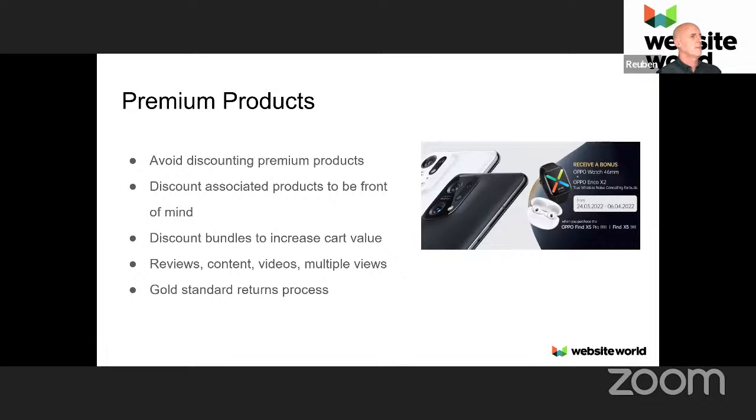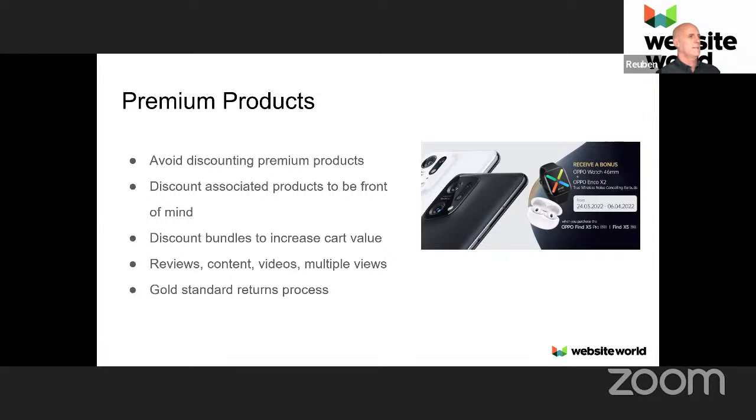So thinking a bit about the premium products, we really want to avoid discounting premium products. Phones, for example, and high-priced electronic goods probably have quite low margins on them at the end of the day, and it's quite a competitive business. So you really want to keep that price up there so that you lock in those margins when they start selling.